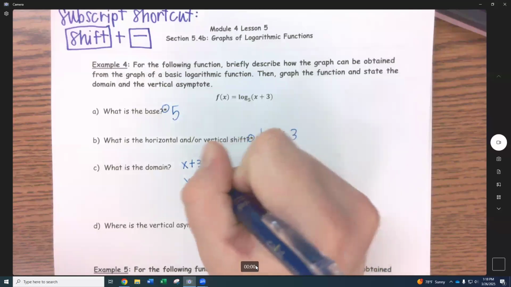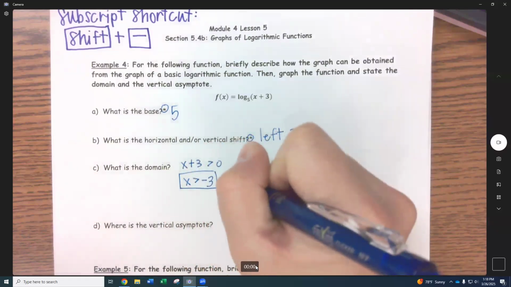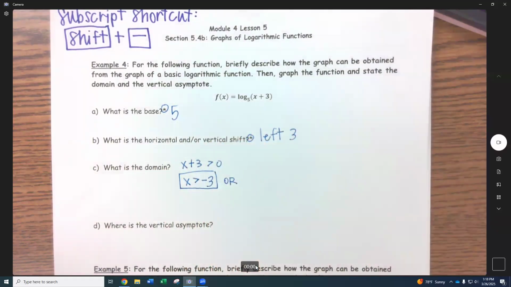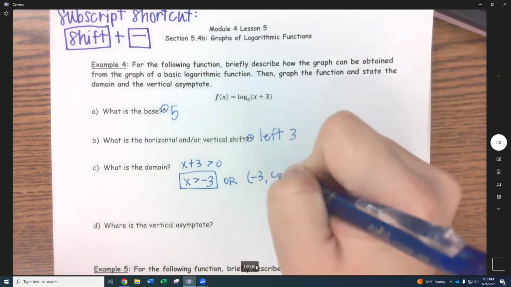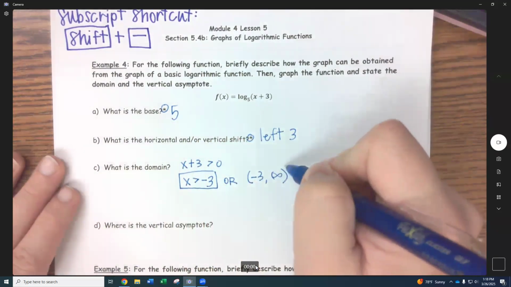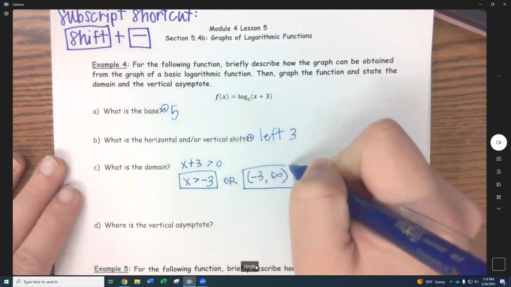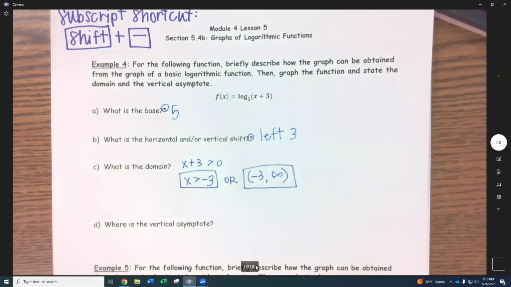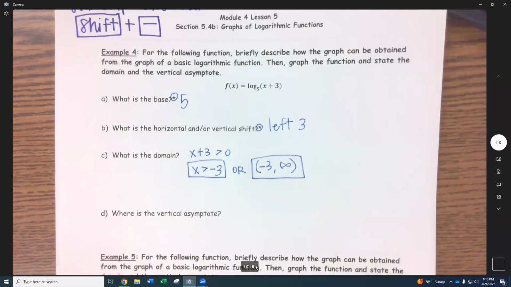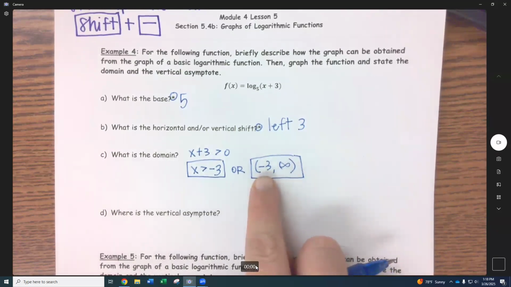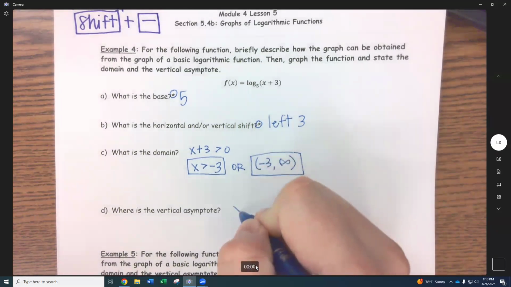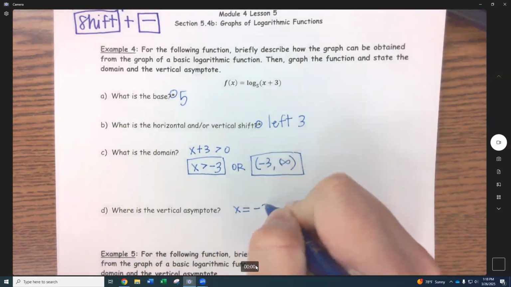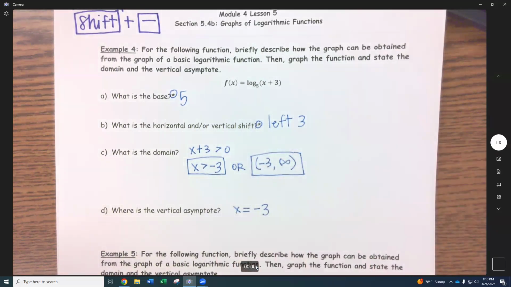It might be this, or I'm going to assume that they want this in interval notation. So that will be -3 to infinity. And so where is the vertical asymptote? The vertical asymptote is always where this domain starts. So we have a vertical asymptote at x equals -3.